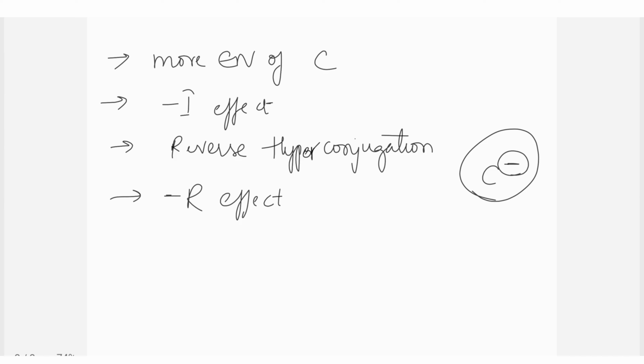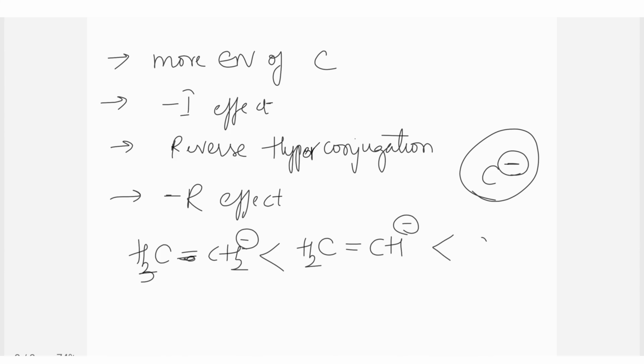Accordingly, we can see that the ethyl carbanion will have the least stability, and the ethynyl carbanion will have more stability. So exactly reverse to that of the carbocation we observe.